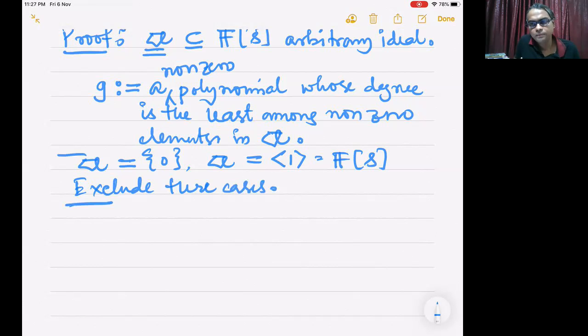If I look at all the polynomials in A and only collect their degrees, then that's a set that is lower bounded by 1. Because it's lower bounded by 1, there is a least degree. Because there is a least degree, there is also a polynomial with least degree, and that is what this G is. That is the guarantee for existence of G.